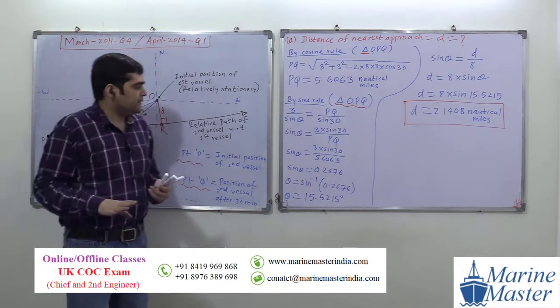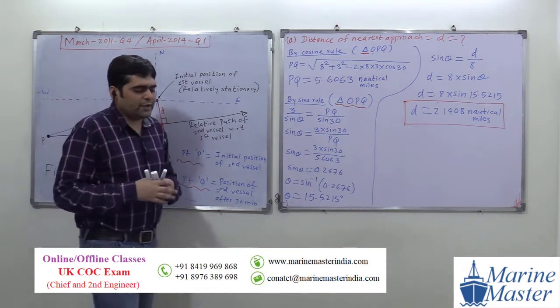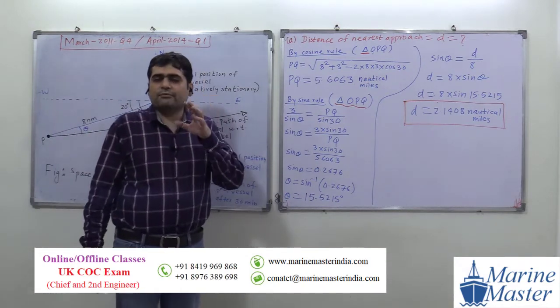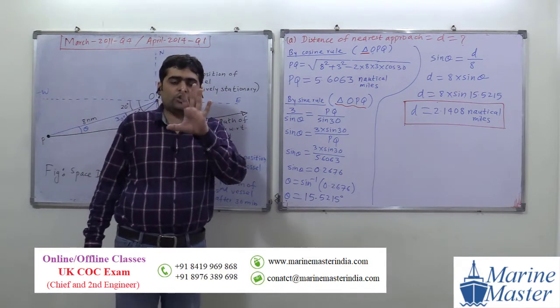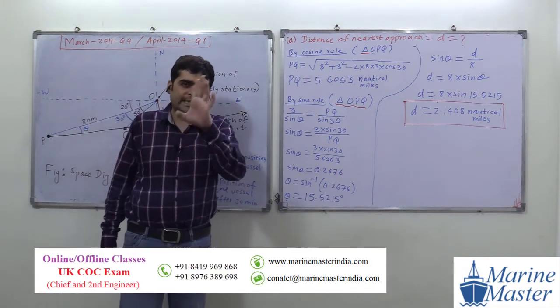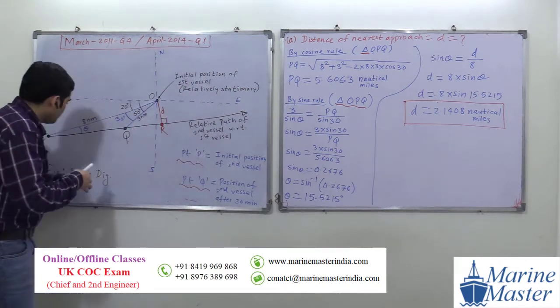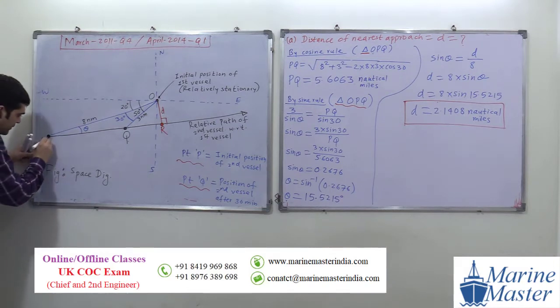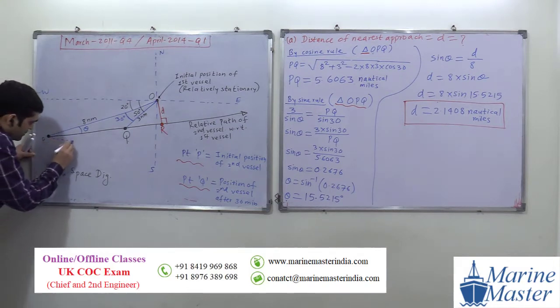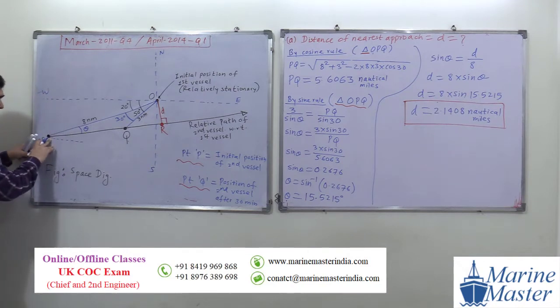For the next part, we need the direction of relative velocity. So for getting the direction, from this point, everyone try to see the scenario. I am going to draw one dotted horizontal line.